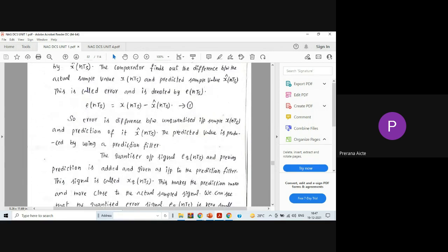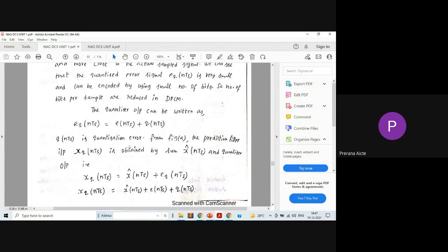Why do we go for DPCM? To avoid redundancy in PCM. When two or more samples carry the same information, transmission is more time consuming. So we remove those redundant samples, transmit at a faster bit rate, and reduce the bandwidth. That is why we go for differential pulse code modulation.